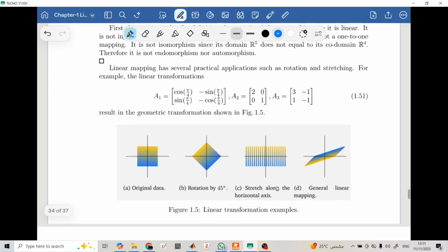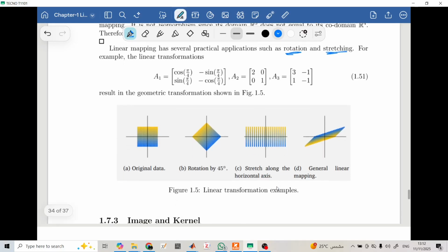Linear mappings have many practical applications. One of them is geometric transformation, such as rotation and stretching, as you can see here. If we have this original set of data, we can rotate it by 45 degrees using this matrix, cosine pi over 4, which is 45 degrees, or you can rotate it by any angle you wish.